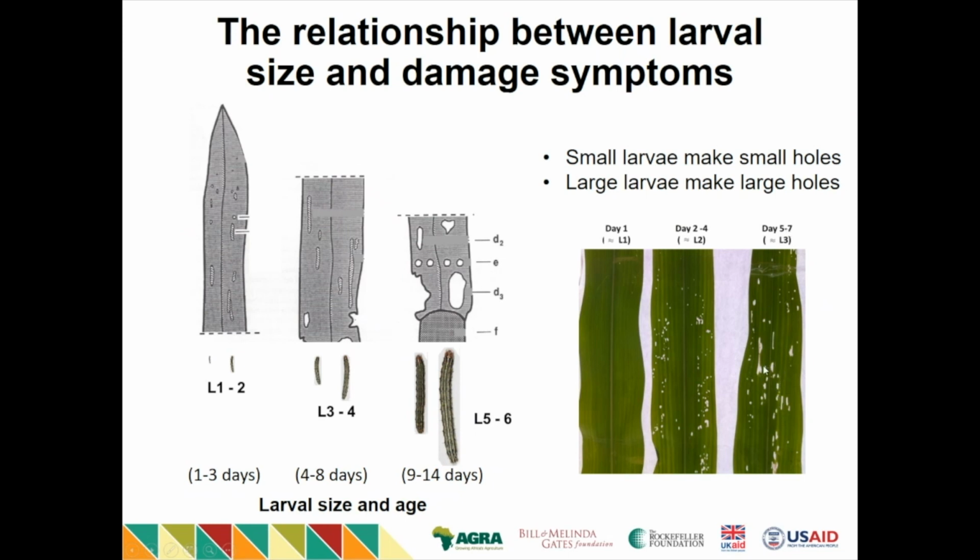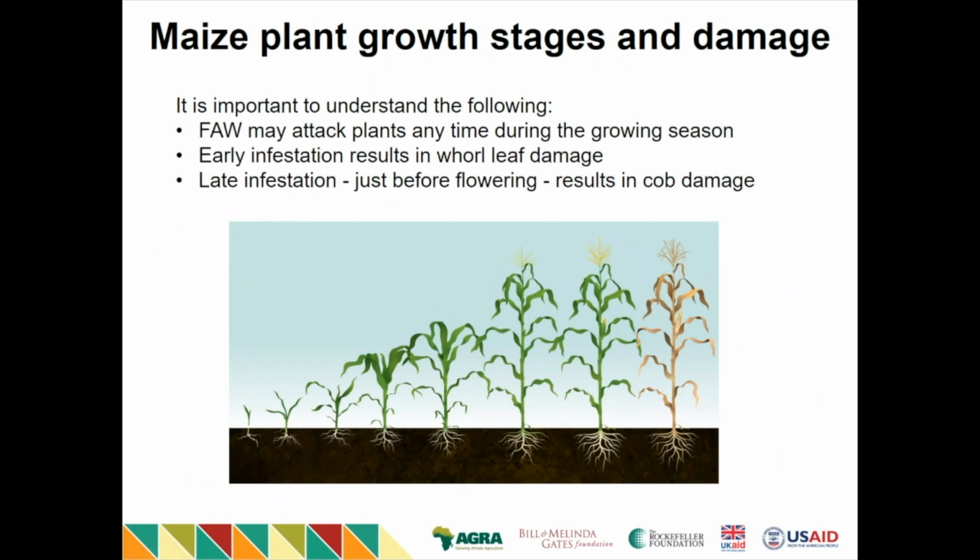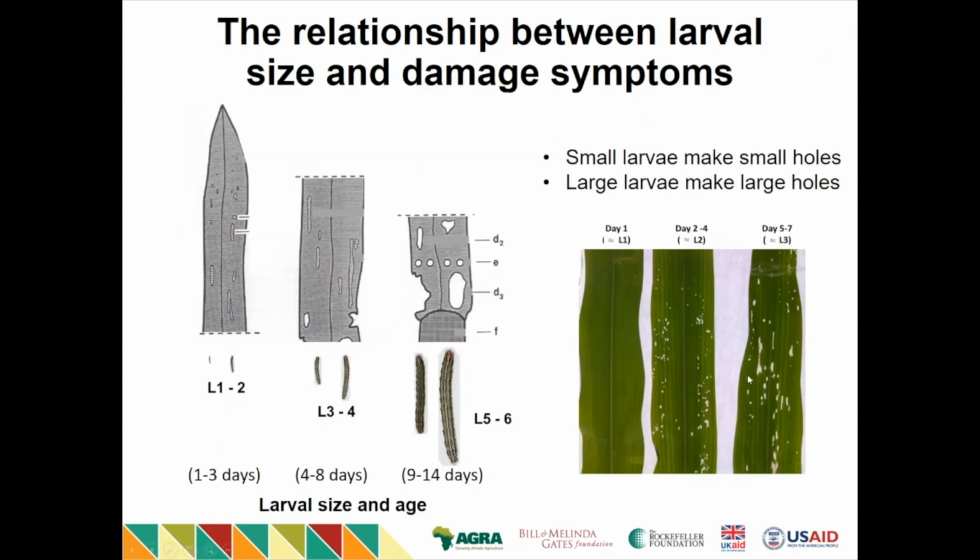Once you start seeing these symptoms, you're approaching larval development at a rate that you won't be able to control them if you haven't done something yet. So it is important to know that small larvae make small holes and big larvae make large holes.